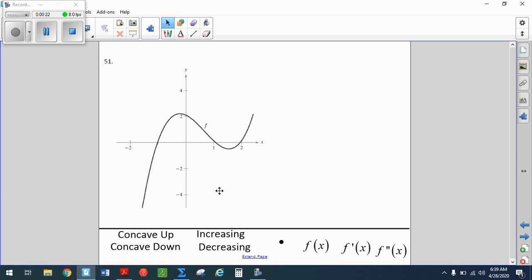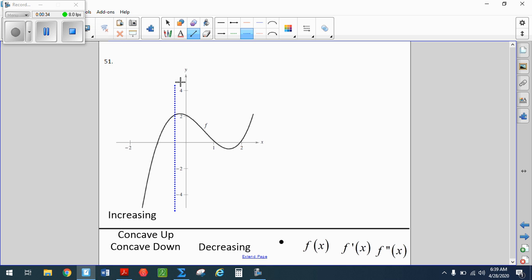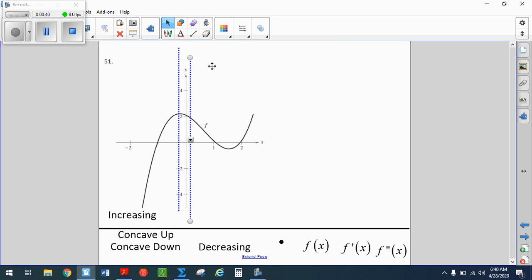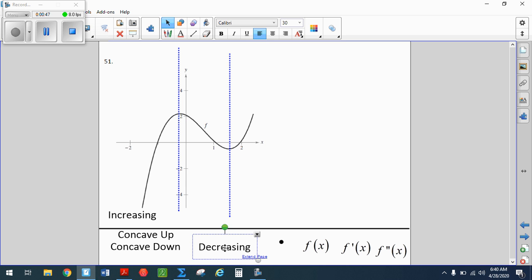Again, we'll start with where is the original function increasing versus decreasing. So it looks like we are increasing from negative infinity to some decimal about here. Then we are decreasing till about here, and then we're increasing again.